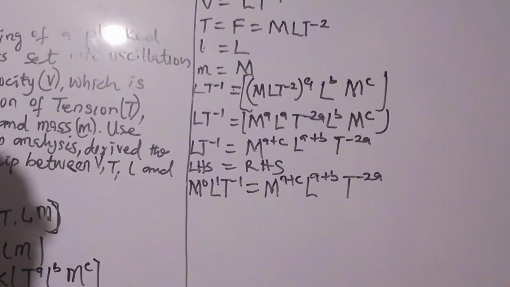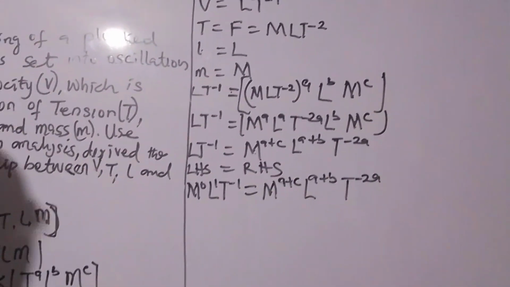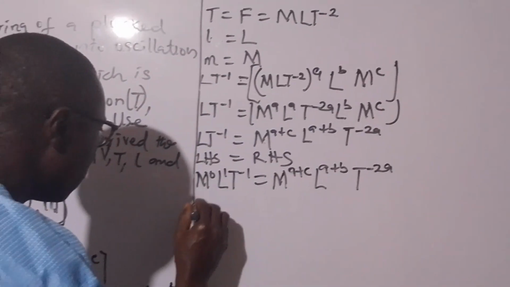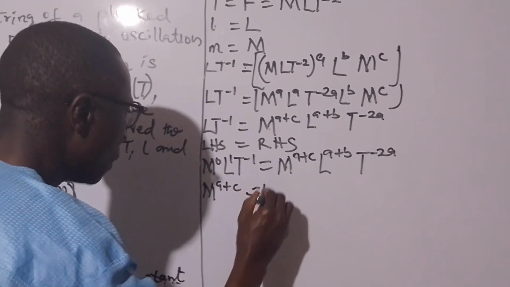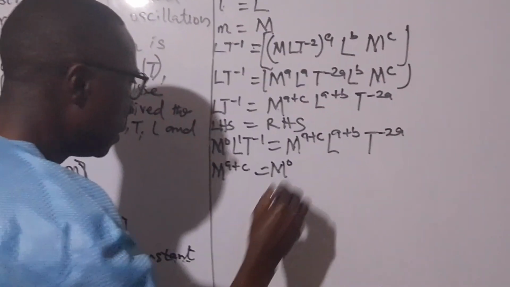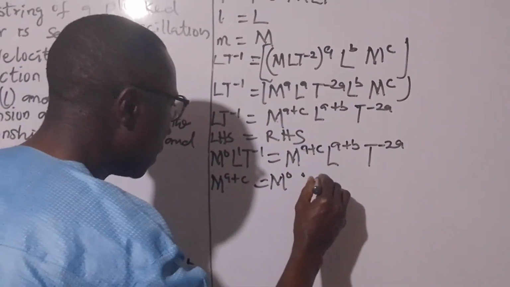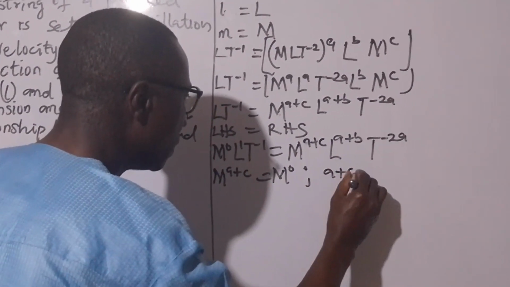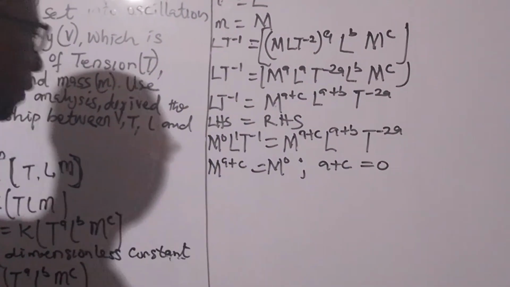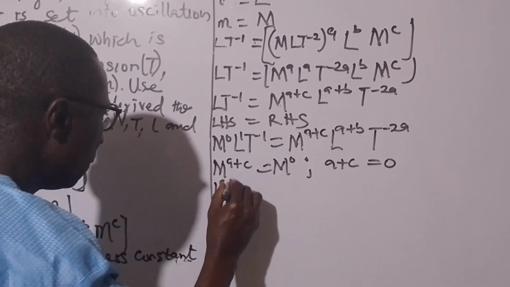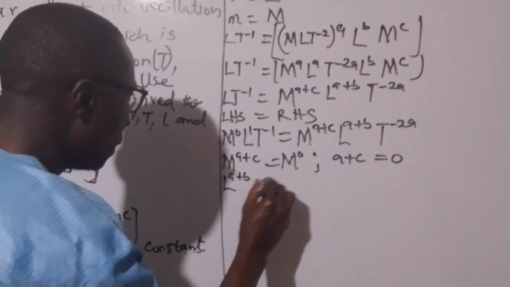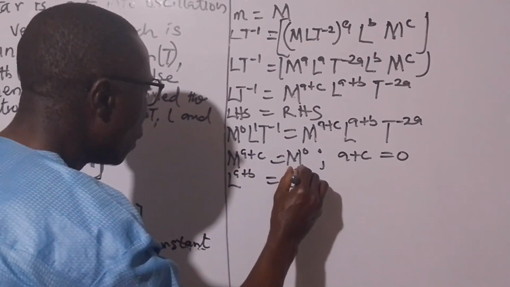Now, to compare and form the indices equations, M raised to A plus C is equal to M raised to power 0. Therefore, it will now give us A plus C equals 0. L and L now. That will be L raised to A plus B equal to L raised to 1.